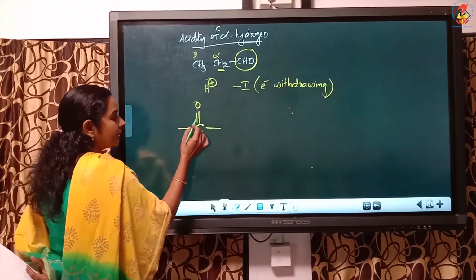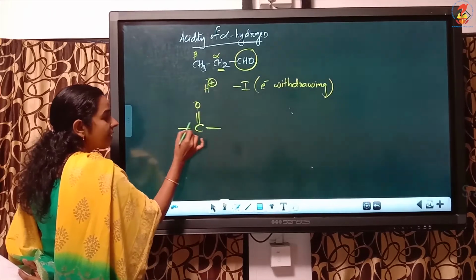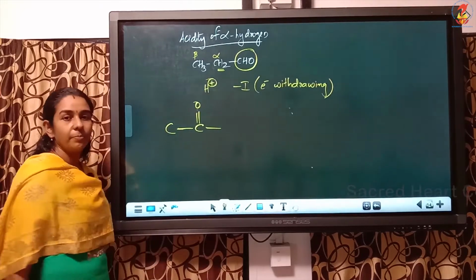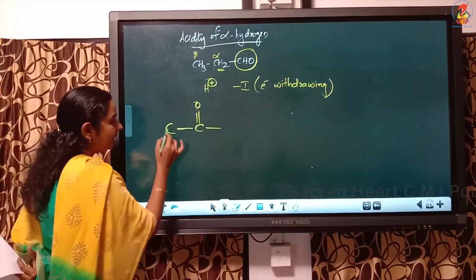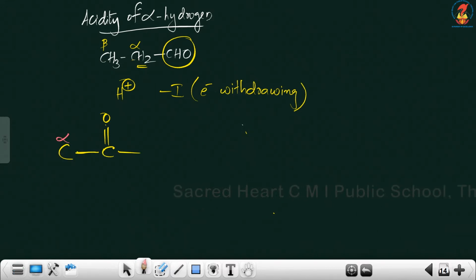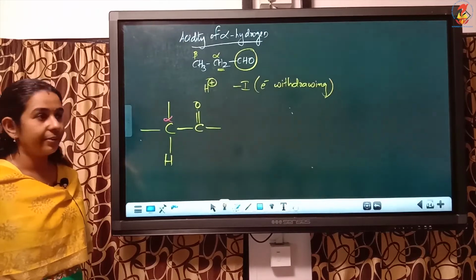Now, the carbon atom adjacent to this functional group will be called as alpha carbon, isn't it? So, this carbon we can call it as alpha carbon. 1, 2, 3, 4. For this carbon already 4 valencies satisfied. What about this carbon? 1, remaining 2, 3, 4. Now, hydrogen on this carbon we can call it as alpha hydrogen, isn't it?